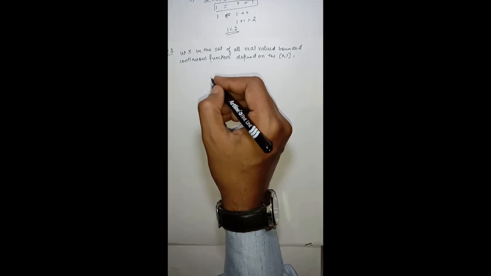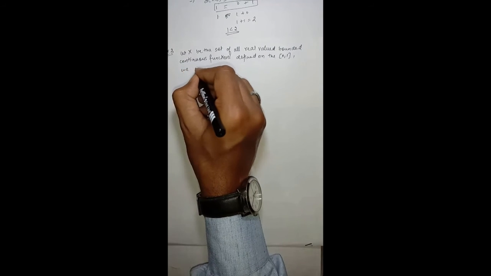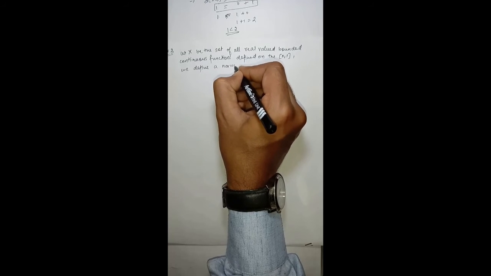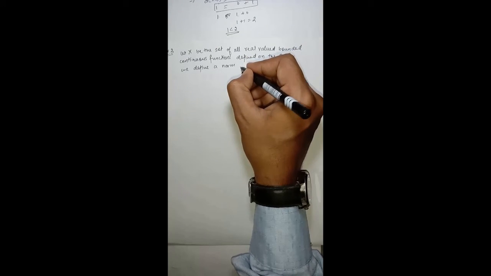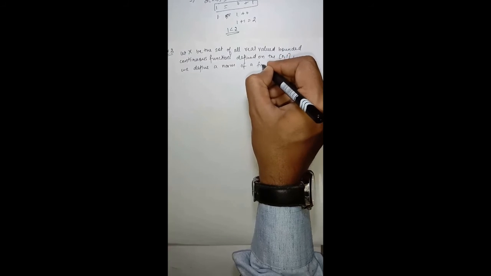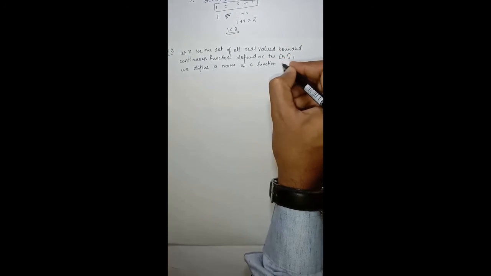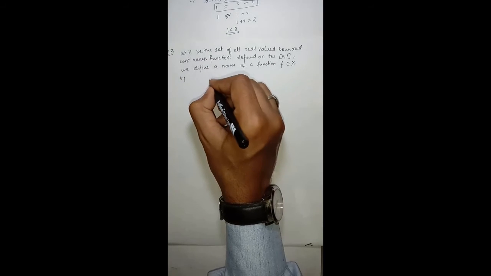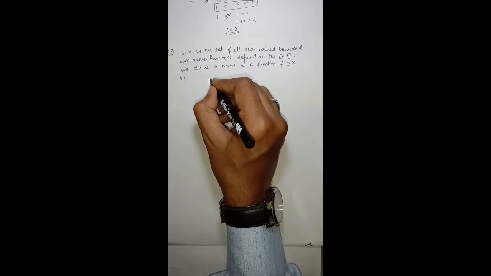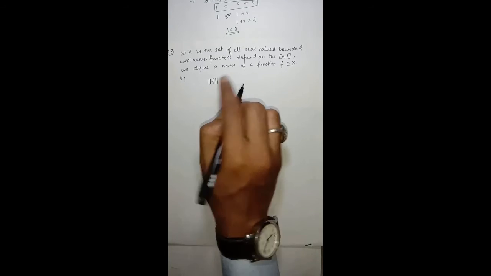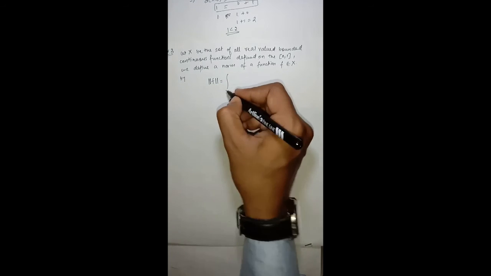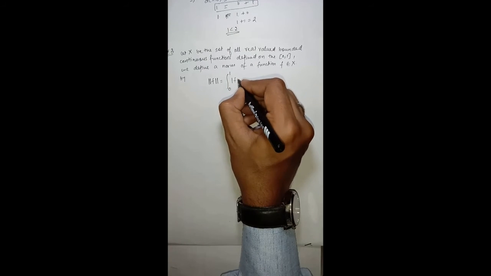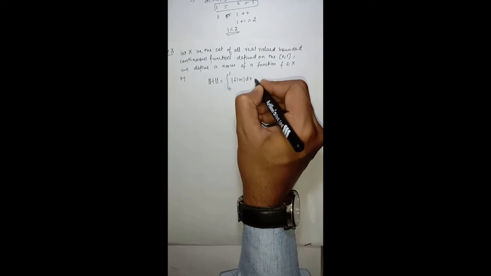We define a norm of a function f, the symbol of norm, as: norm of f is equal to the integral from 0 to 1 of mod f(x) dx.